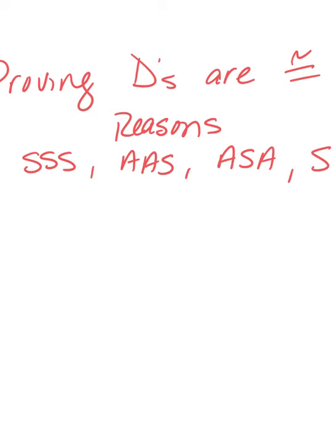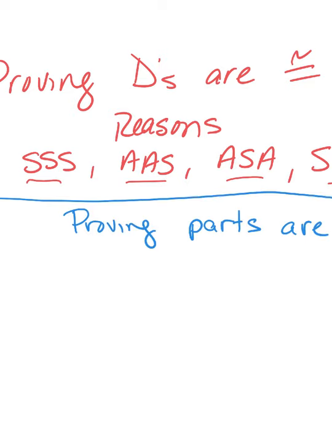If I am proving that two triangles are congruent, these are the only 4 reasons I can have at the end of my proof. For now. There's more, but we haven't learned them yet. So if I'm proving that parts of triangles are congruent, meaning like angle A is congruent to angle D, or side AB is congruent to EF, I have to first prove triangles are congruent.